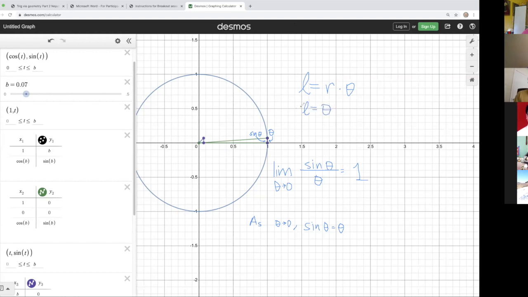And in our setup, the number t is both the arc length and the angle in radians.